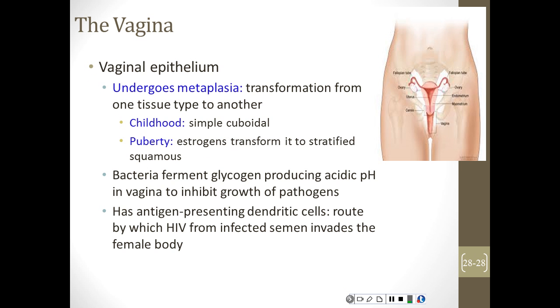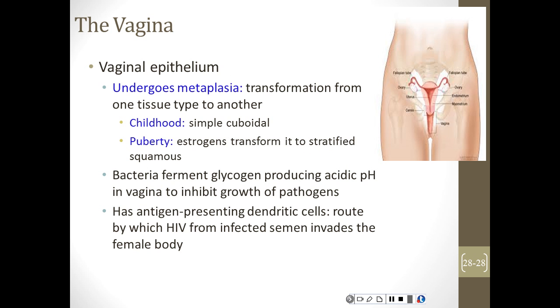Now, the vaginal epithelium is simple cuboidal in childhood, but then it transforms into stratified squamous after puberty, and that transformation is called metaplasia.